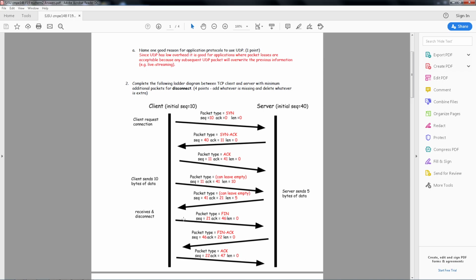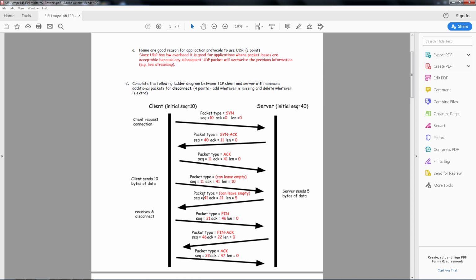Now I've described it before, but this right here is actually incorrect. This needs an acknowledgement here. This is because this is actually sending data, so this must be a FIN ACK right here. And because this is a FIN ACK, this guy can then send just a FIN or a FIN ACK as well, or simply an ACK, because it would be acknowledging both that I received something and I'm acknowledging the disconnect. But ignoring that this is incorrect, imagine this was a FIN ACK, then the sequence is indeed 21 as described here.